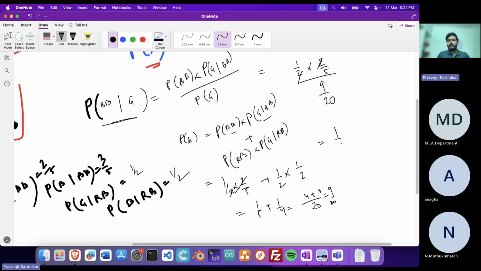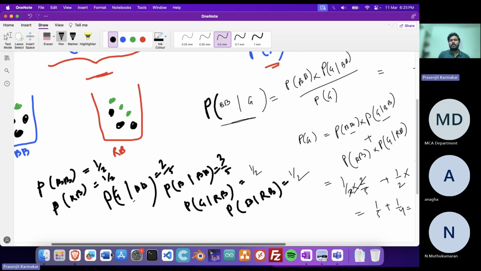Now 1 by 5 times 20 by 9, 4. So my probability becomes 4 by 9. So given that I have picked a green ball, the probability of choosing the blue basket is 4 by 9. This is what Bayes theorem looks like.